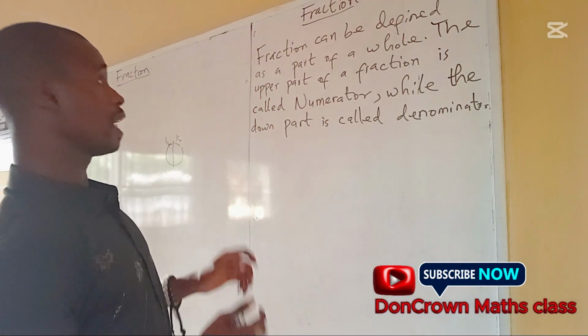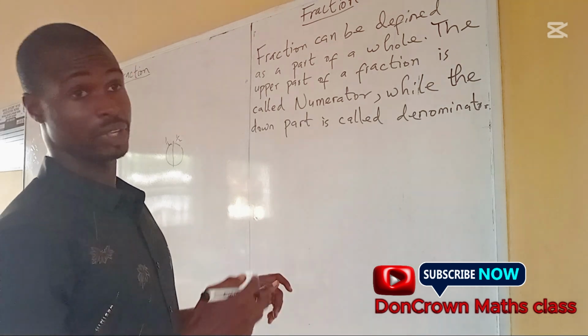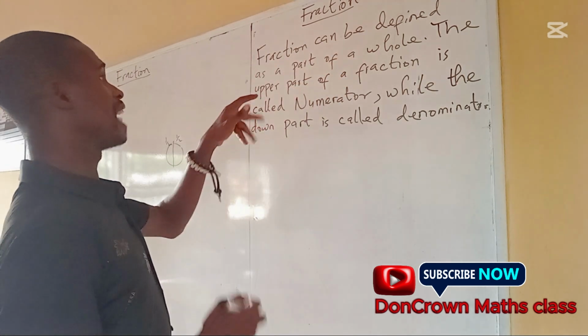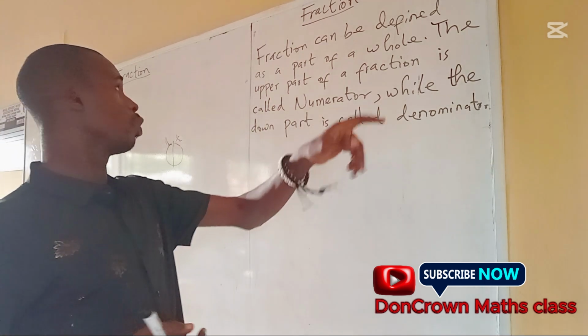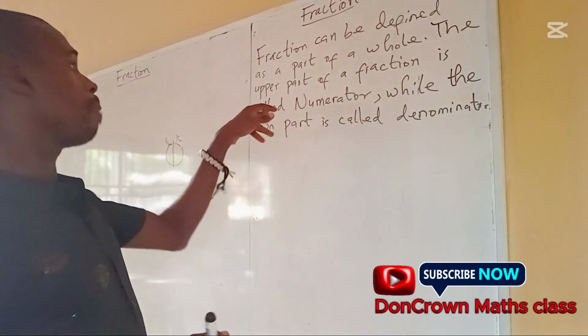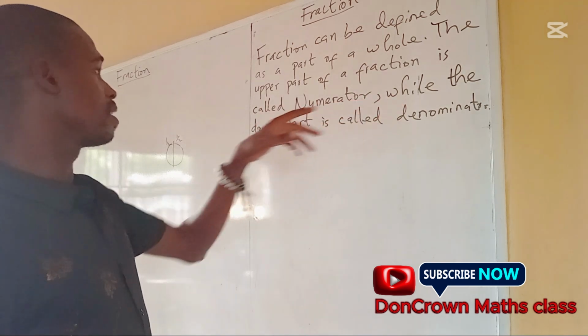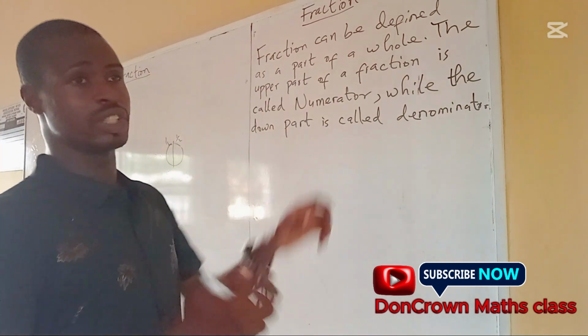Now, I would like to recap the definition: a fraction can be defined as a part of a whole. The upper part of a fraction is called the numerator, while the down part is called the denominator.